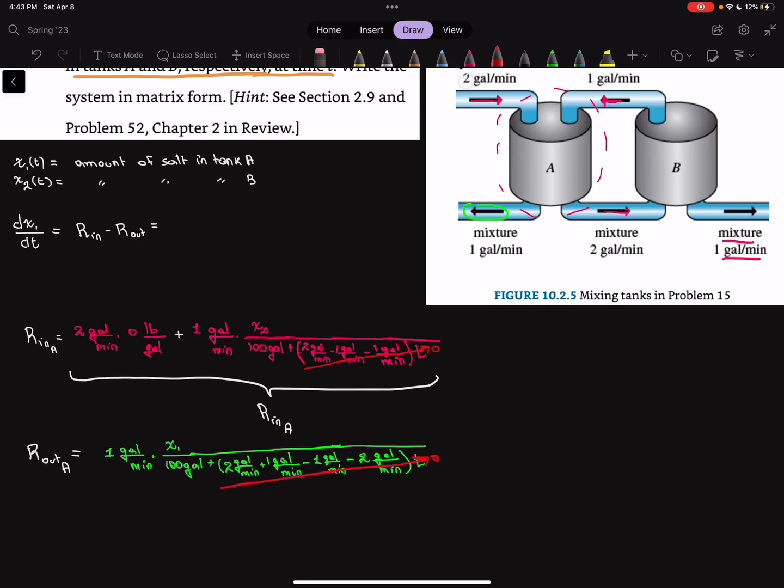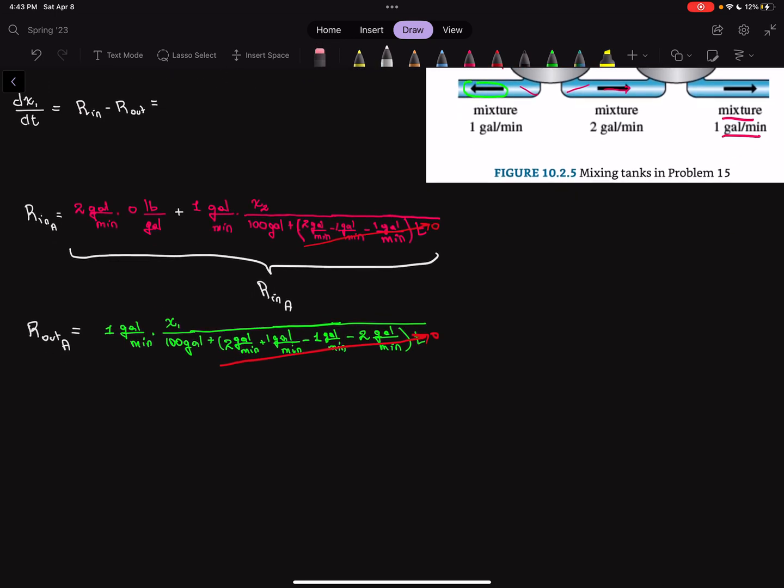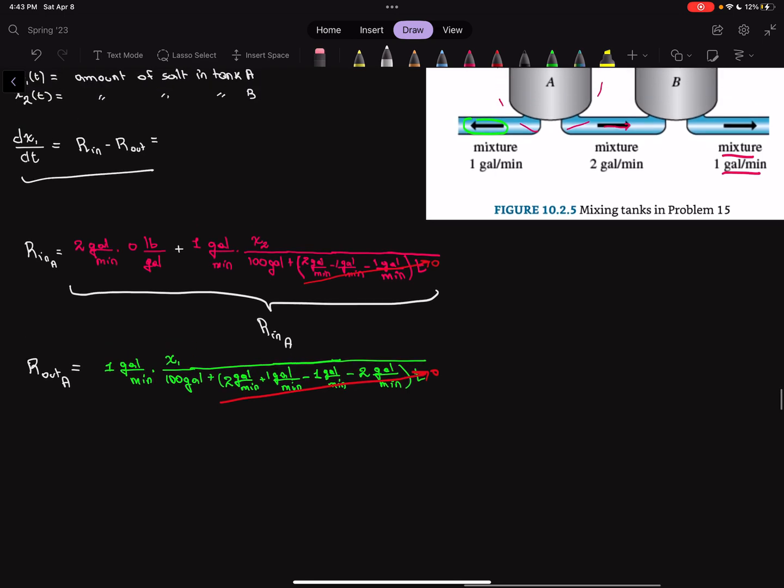This is telling us that the amount of water at any one time in tank A does not change, because the sum of the rates going in is the same as the sum of the rates going out. And so we can take these two expressions and substitute them in here. And this is for our first tank.